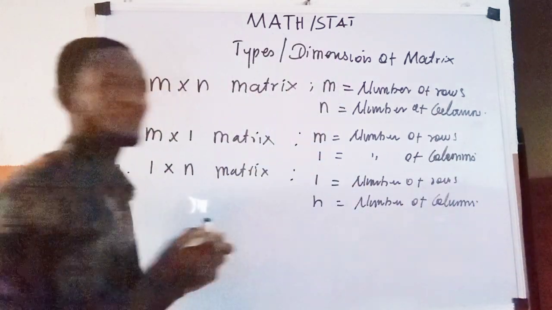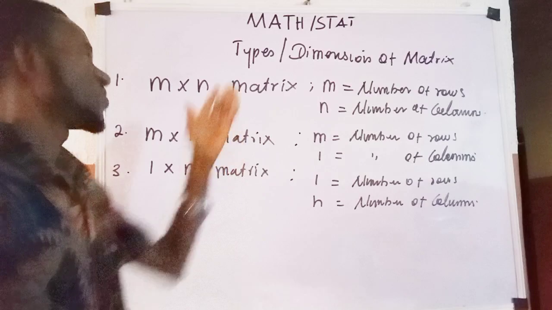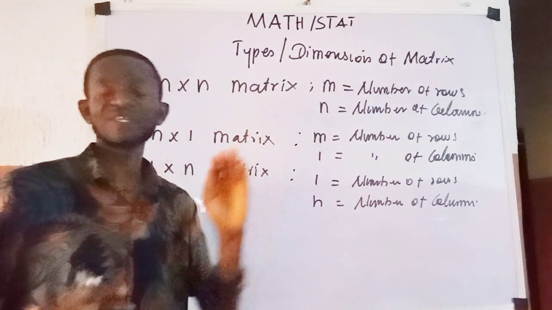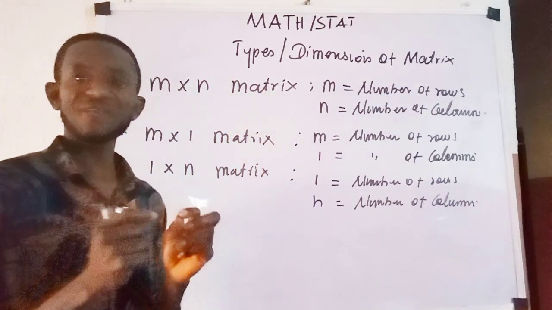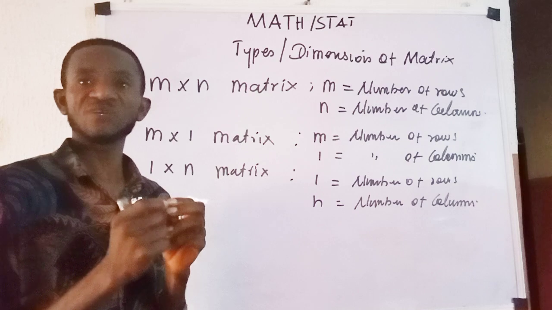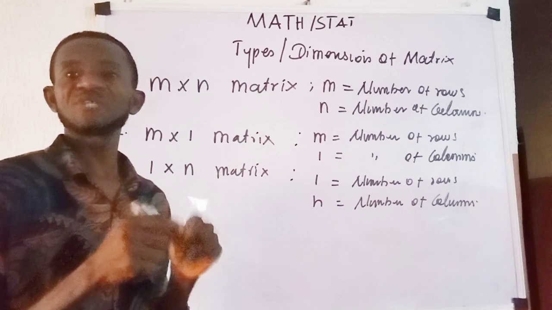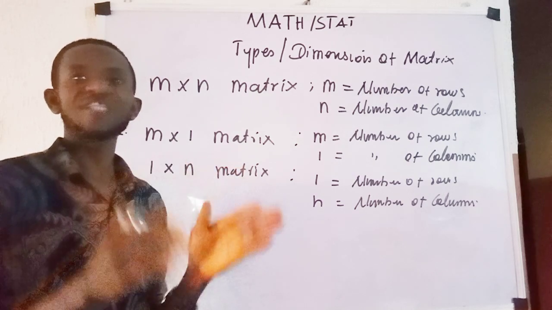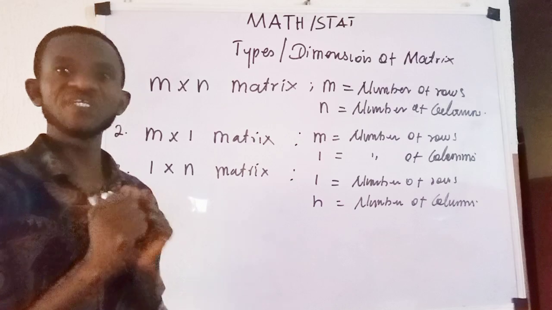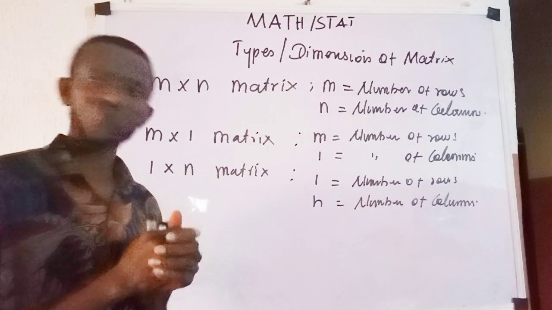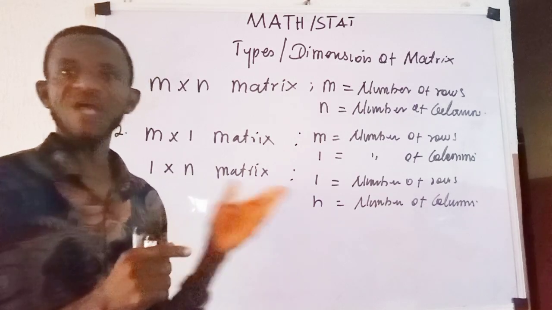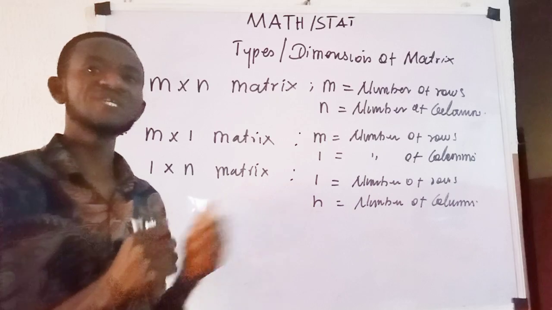I repeat, we began by defining what a matrix is. We said that a matrix is a mathematical structure that contains information in a rectangular form that is always enclosed within a bracket. How do we represent a matrix?